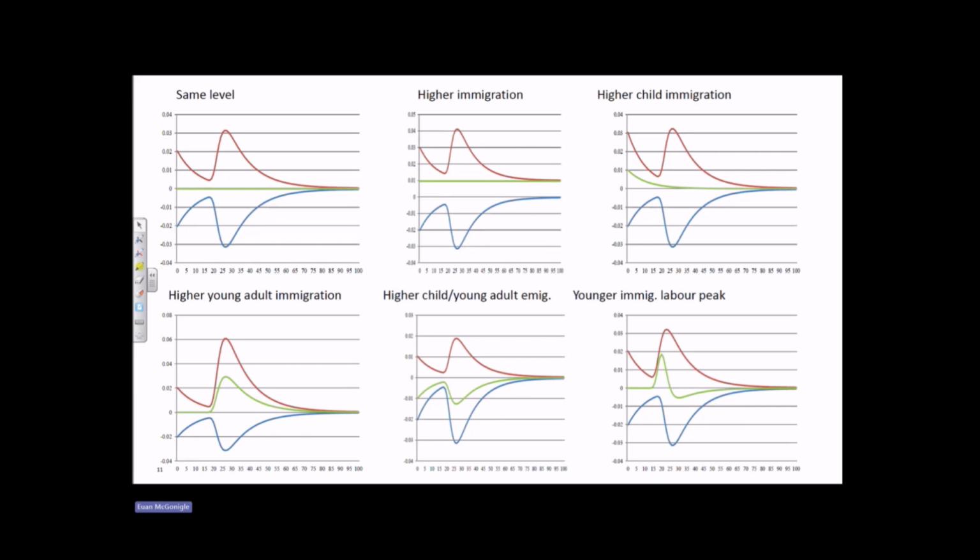If more people are leaving among children and young adults, you get this shape. And you can even have a situation where the levels are the same, but the people coming in are younger than the people leaving, and so you get a positive peak followed by a negative peak.